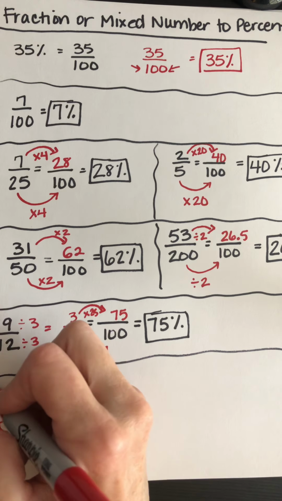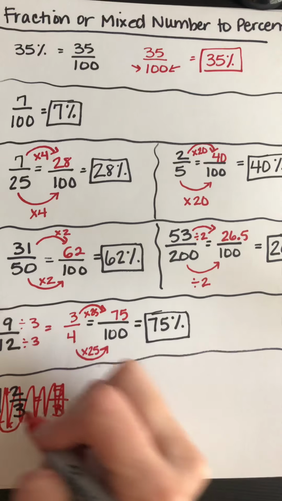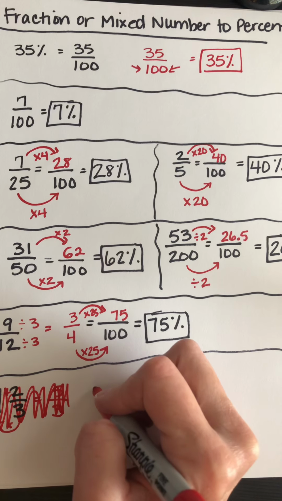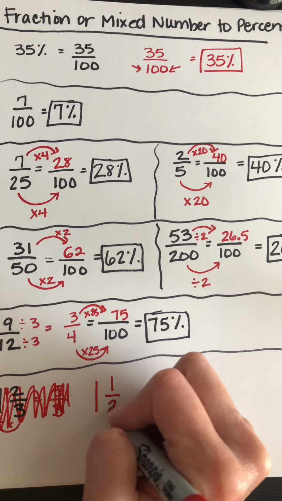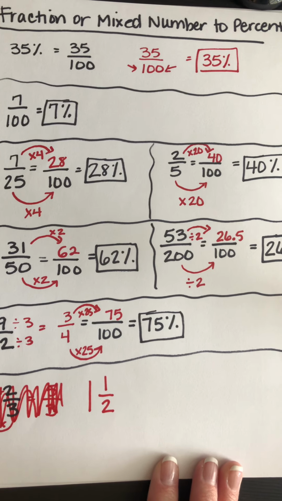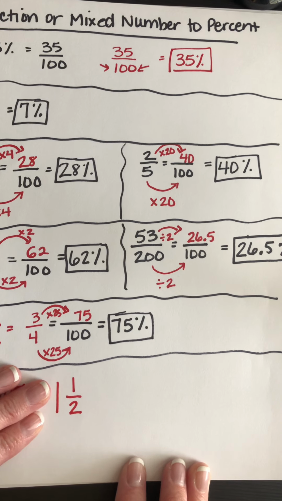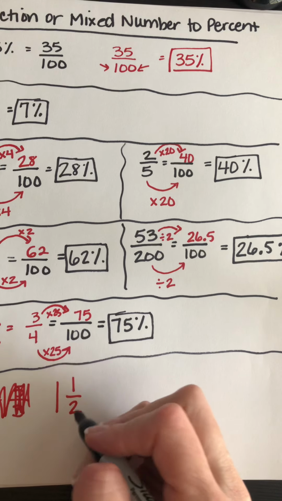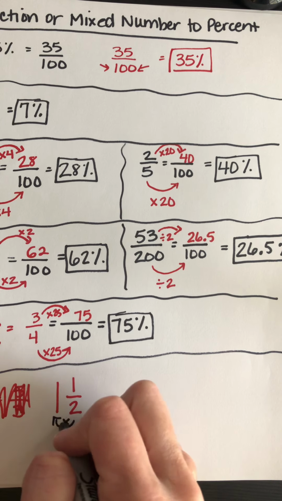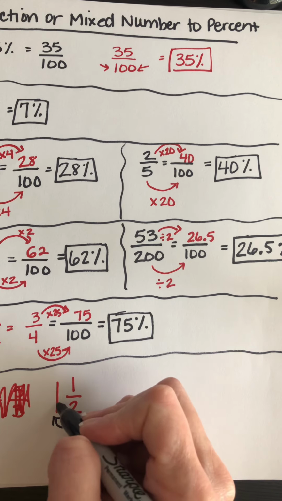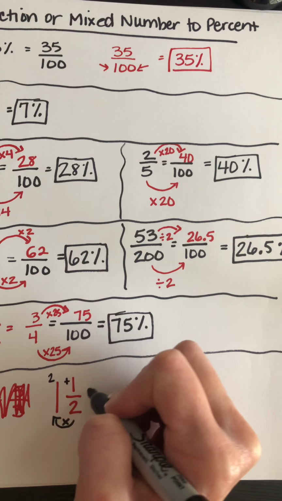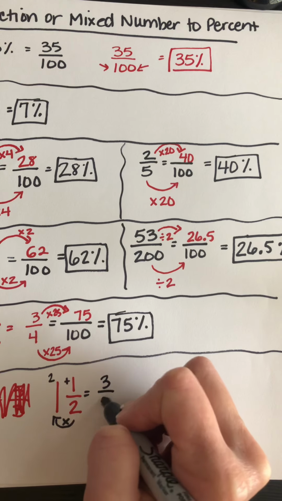Oops, sorry, I gave you the wrong problem. Scratch that out. My question should be 1 1/2. Pretend I didn't do that. All right, so 1 1/2. I'm going to say 2 times 1, same concept. 2 times 1 is 2, plus the 1 gives me 3/2.